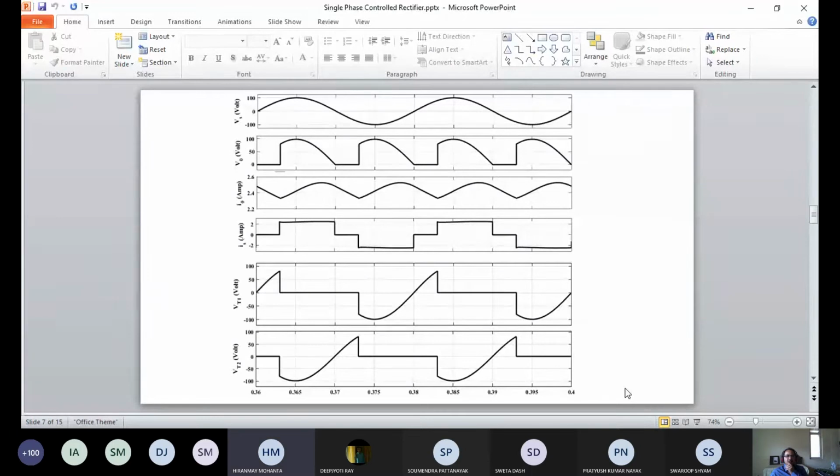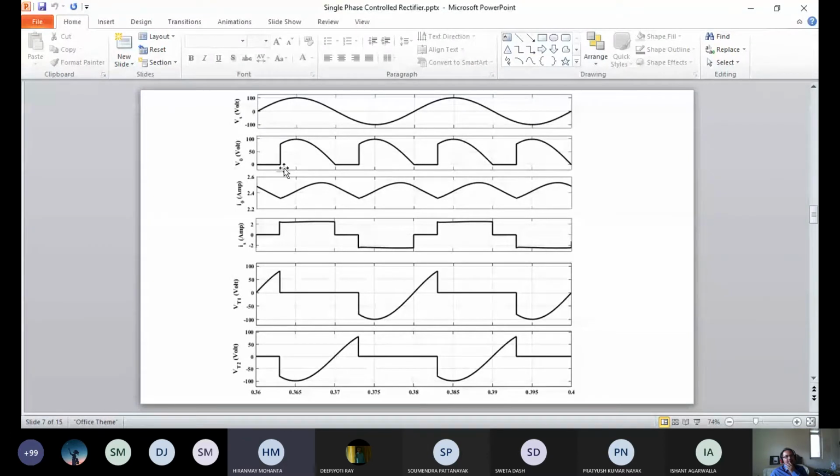Sir, please explain the application of the gate signal, how and when it is applied and when it is off.